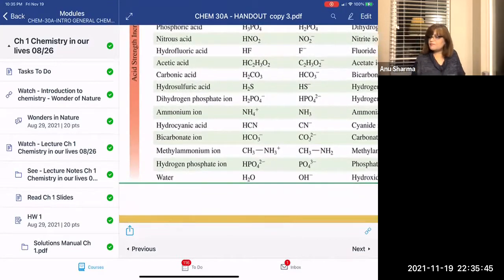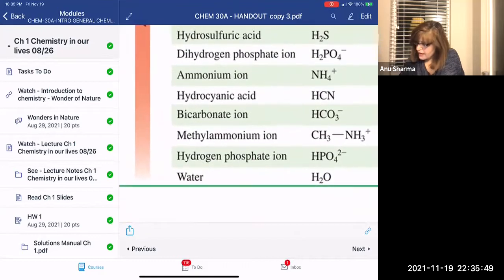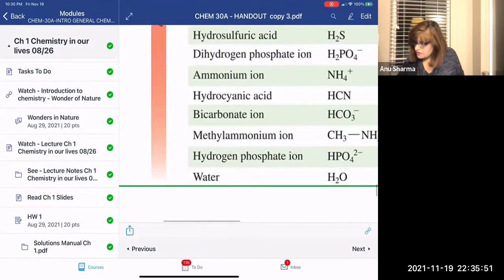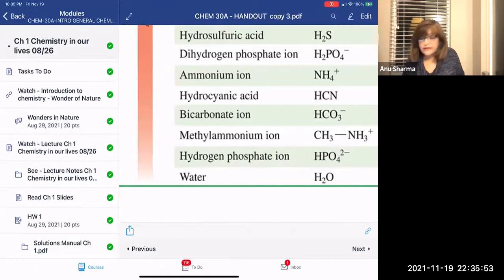In comparison, water is lower and bicarbonate is higher. Water is very, very low, so it means water is a very weak acid. Bicarbonate in comparison is a stronger acid than water.